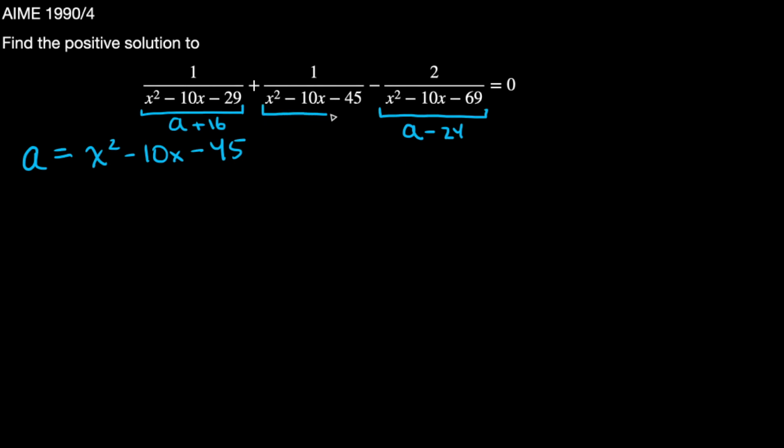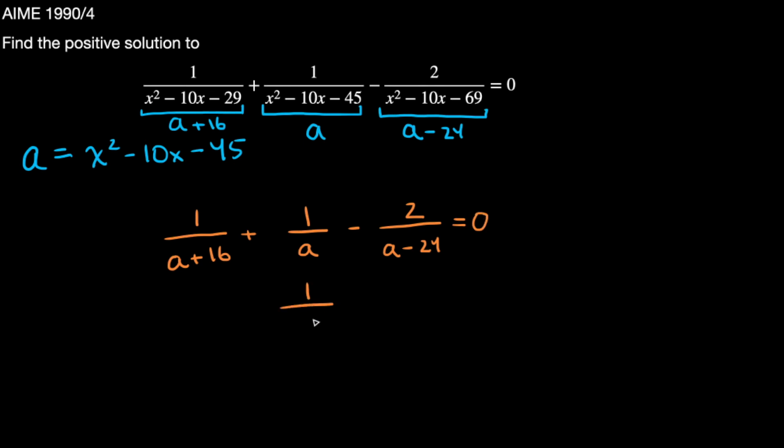And of course, this one we defined just to be a. So if we write down our new equation, we have 1 over a plus 16 plus 1 over a minus 2 over a minus 24 is equal to 0.